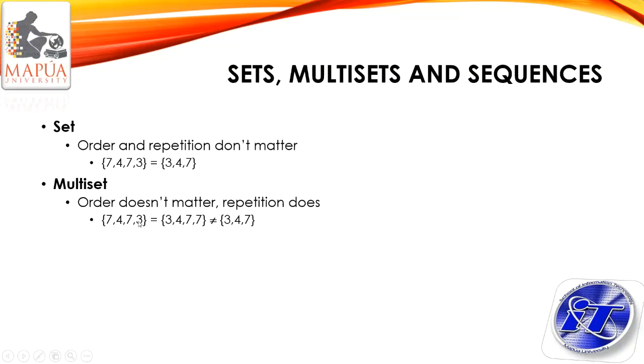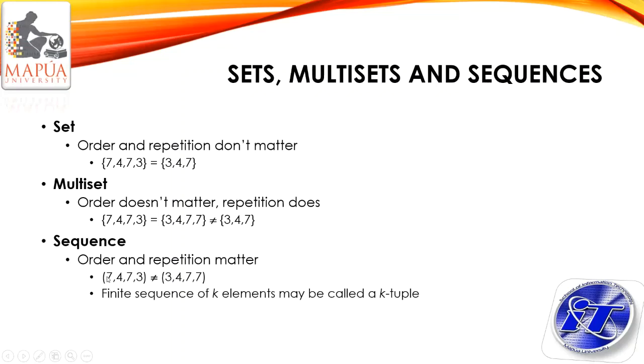If we want to rearrange the order of our elements, it's okay. It will still be the same: 3, 4, 7, 7. But if we remove the redundant 7, now it will not be equal to the original multi-set.